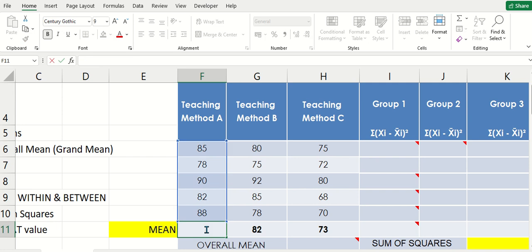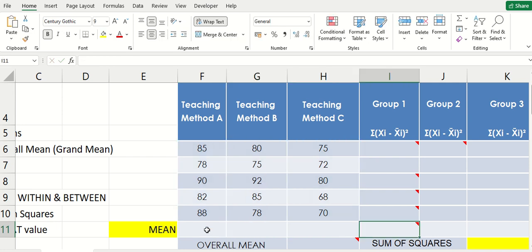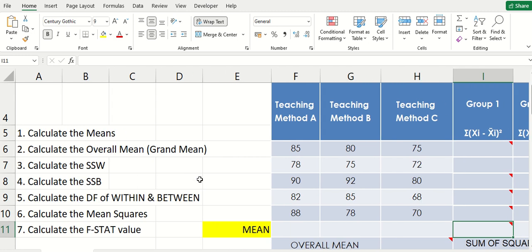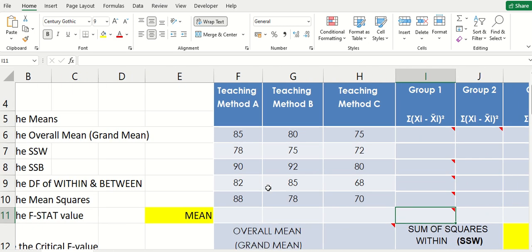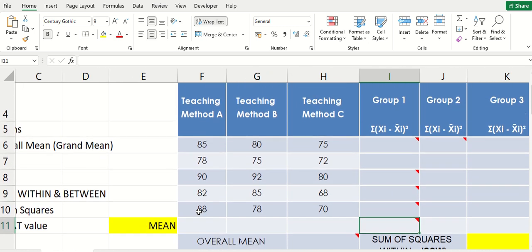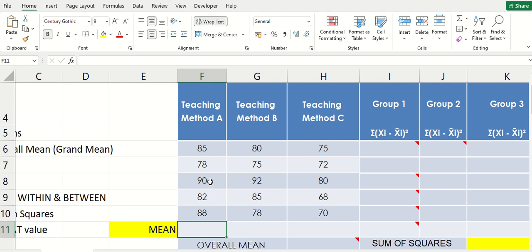For the meantime, let's delete the mean because we will start from scratch. Let's find if the raw scores of each group have a significant difference among them. First, you calculate the mean, the one that I erased. Manually, we just add all these samples and then divide by the total number of samples, like 85 plus 78 plus 90 plus 82 plus 88.